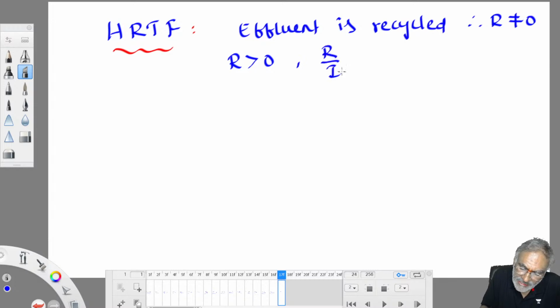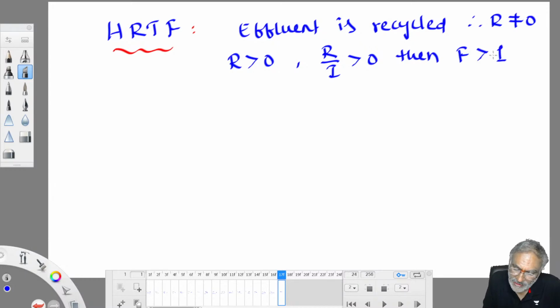Therefore, R by I is greater than 0, then F is greater than 1. The advantage of F greater than 1 is that the volume of a high rate trickling filter is less compared to a standard rate trickling filter. For the standard rate trickling filter, the volume will be very, very high. If we compare the two, the volume of the high rate filter will be very, very less.